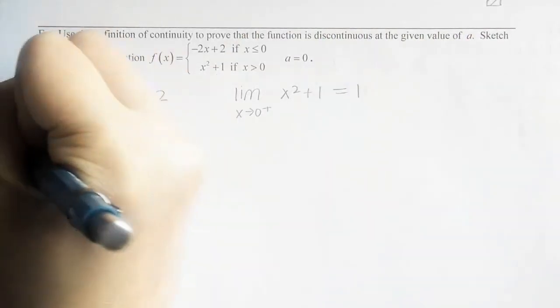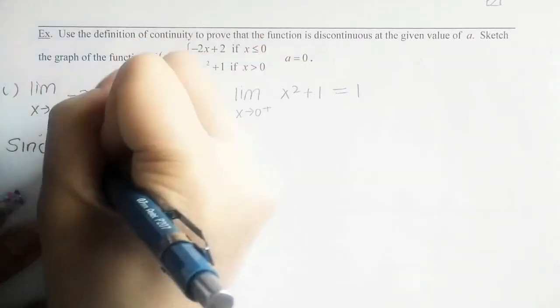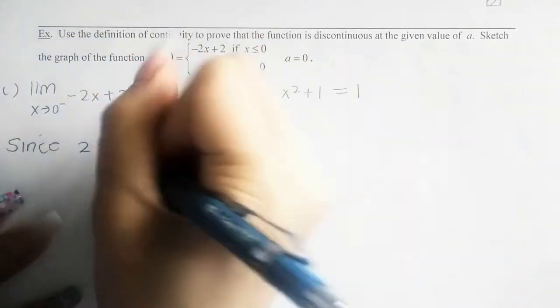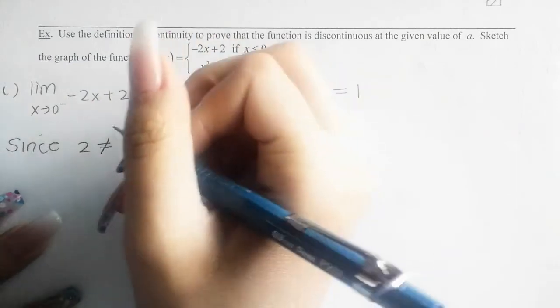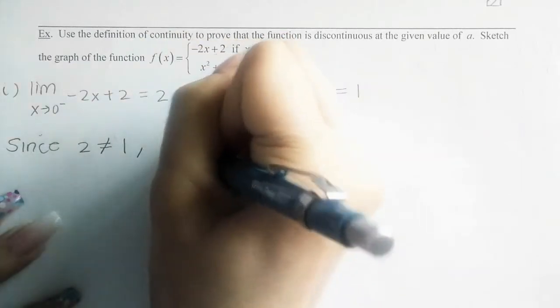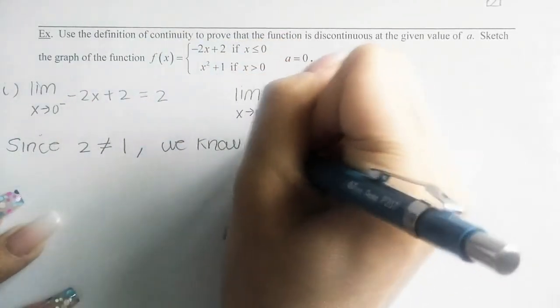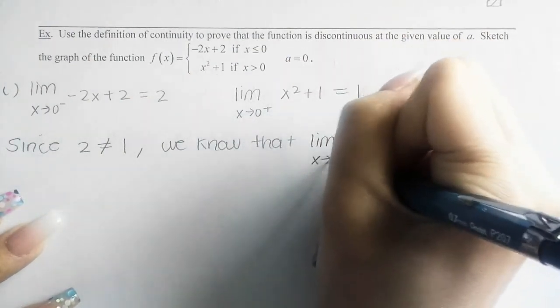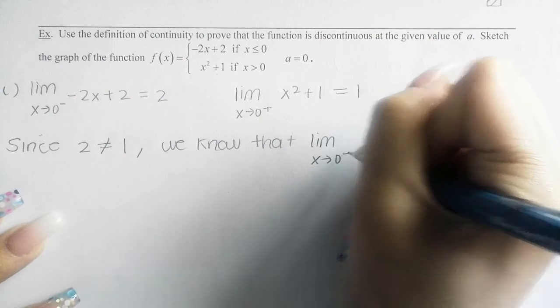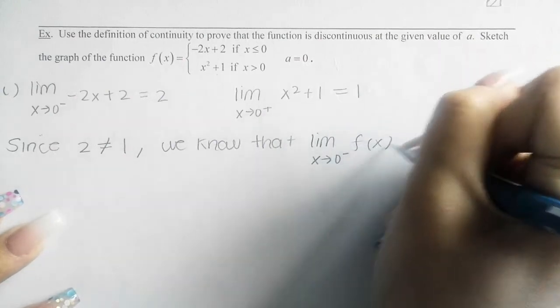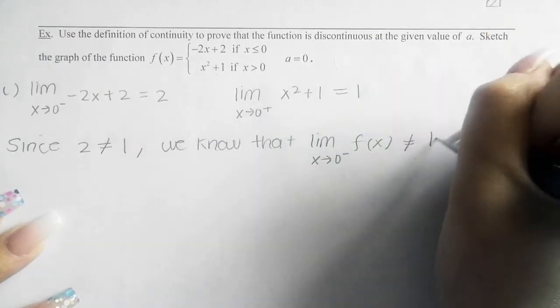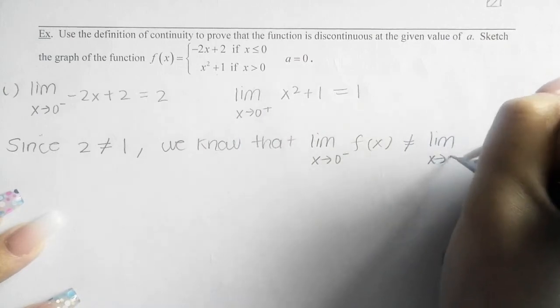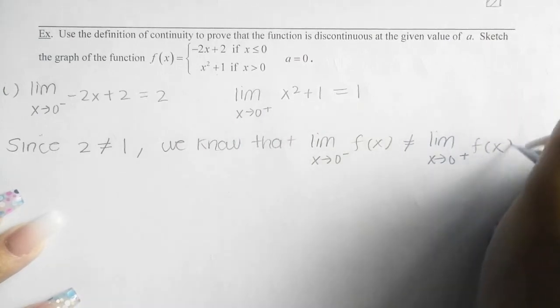Since 2 is different than 1, clearly, because you know your numbers, we know that the limit when x approaches 0 from the left of f of x is different than the limit when x approaches 0 from the right of f of x.